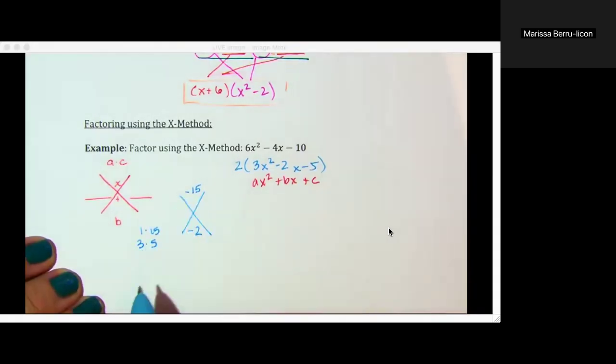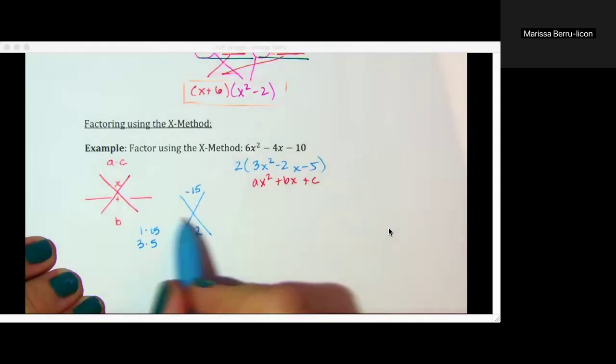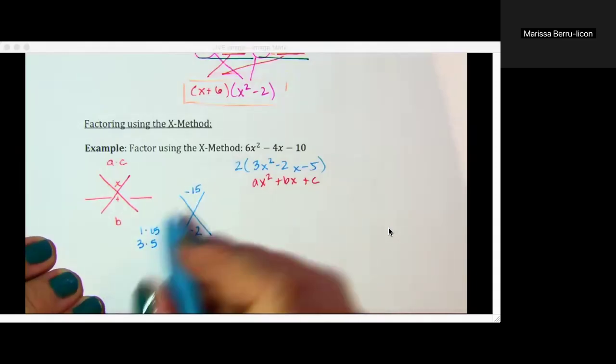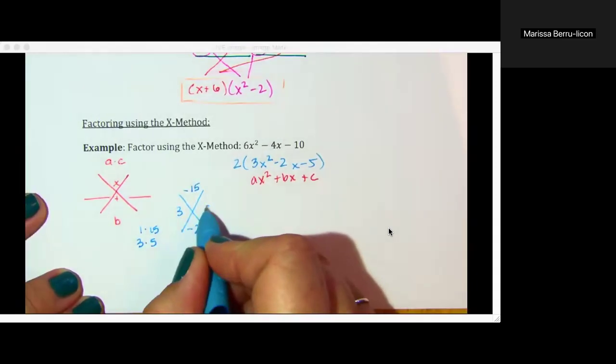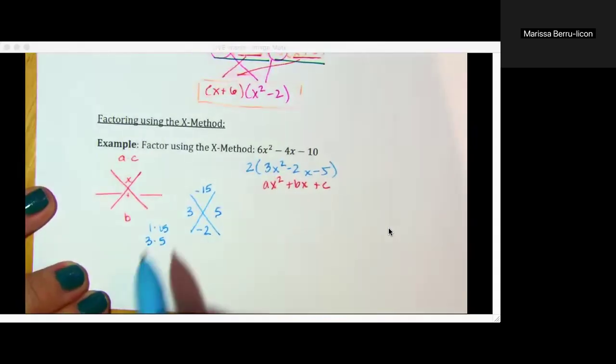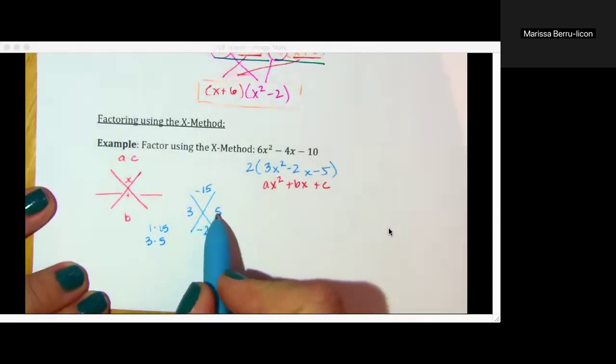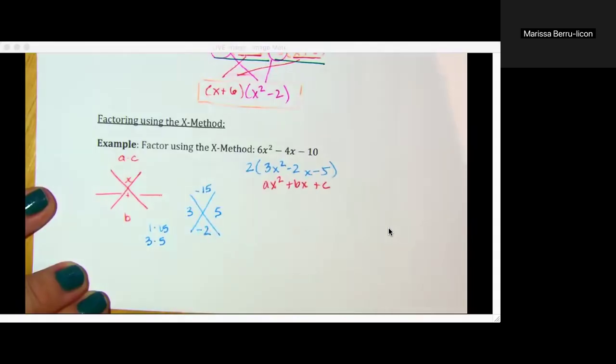And if it multiplies to a negative number, I know I'm going to have one positive and one negative. Well, my numbers are going to be 3 and 5. And if I put the negative on the 3 and left 5 as positive, then those would add to a positive 2. So I have to put the negative on the 5 and have a positive 3. Those add to -2 and multiply to -15.